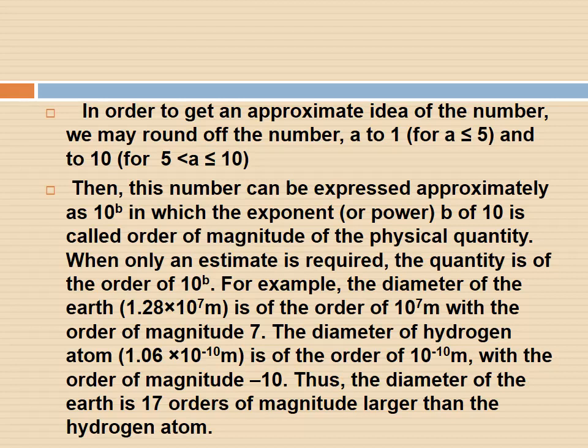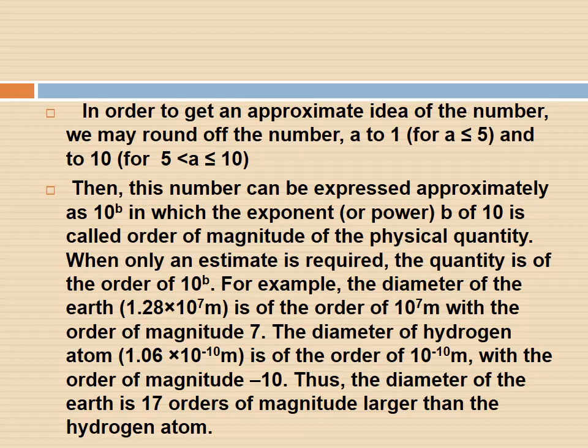As I told earlier, the power or exponent of 10 in the scientific notation of a physical quantity cannot determine its number of significant figures. For example, the diameter of the earth is equal to 1.28 into 10 to the power of 7 meter, which is of the order of 10 to the power of 7 meter, with order of magnitude 7.